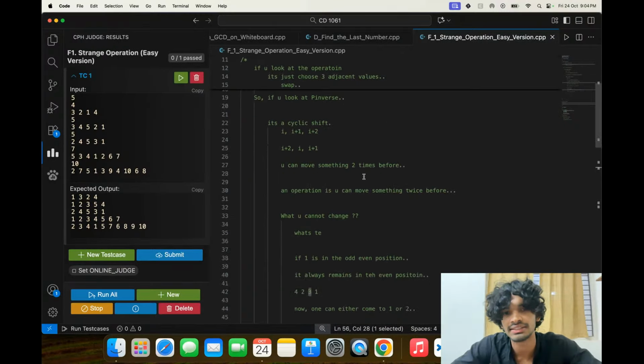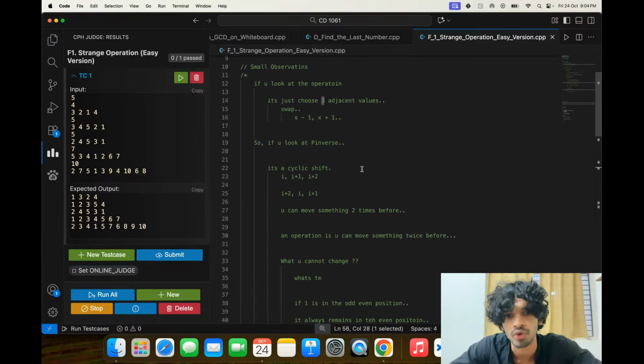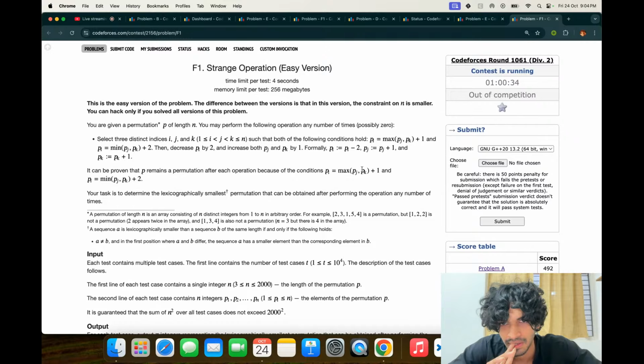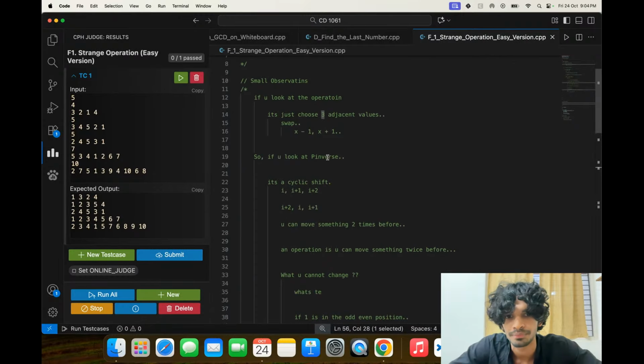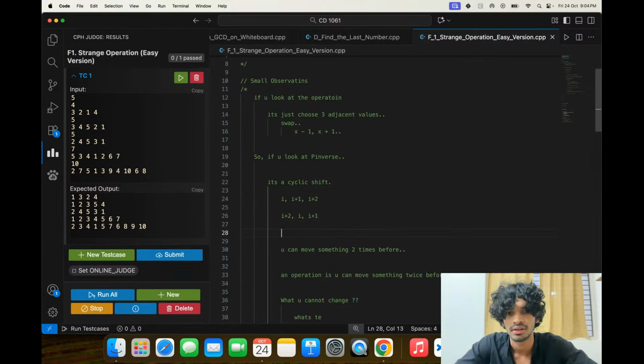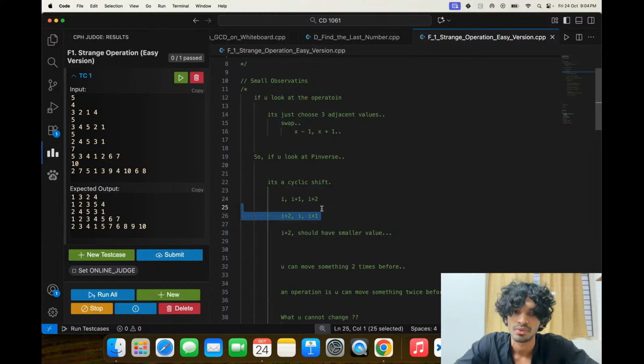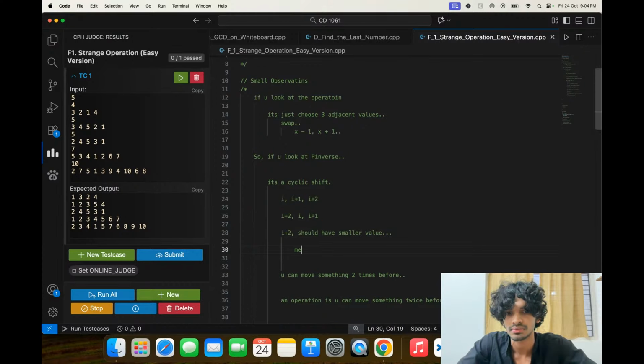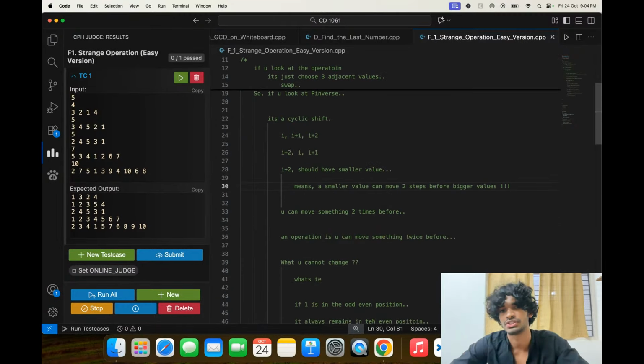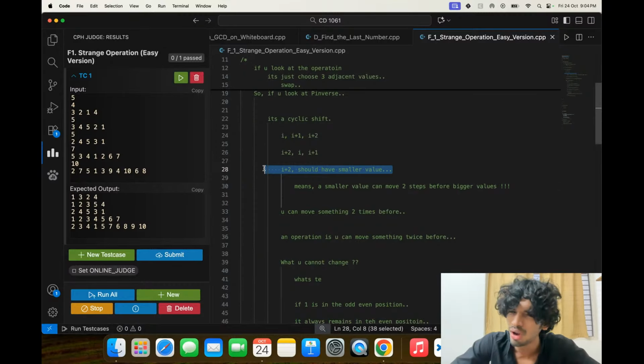I less than j less than k means I plus 2 should have a smaller value, which means a smaller value can move 2 steps before bigger values. This is the operation. That's all it means.